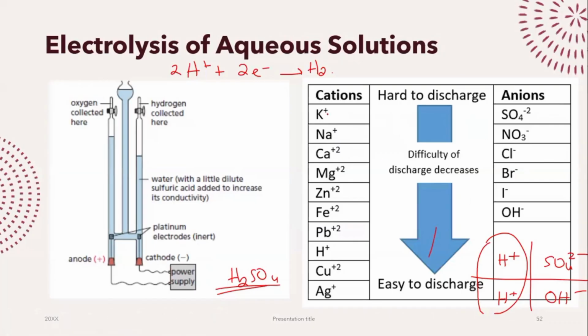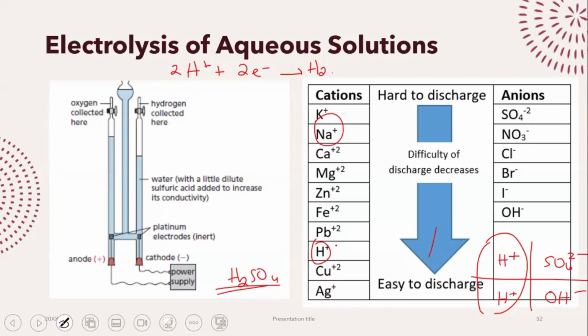The less reactive something is, meaning the closer it is to the bottom of the reactivity series, the easier it is for it to go to the anode or the cathode. For example, if I have sodium and hydrogen, who is going to go to the cathode?